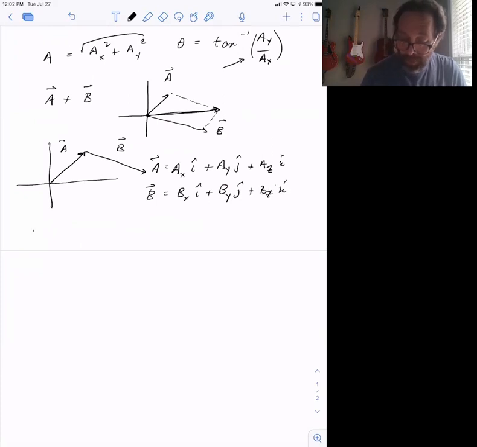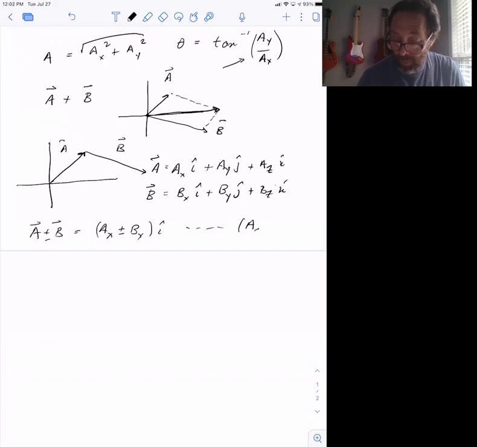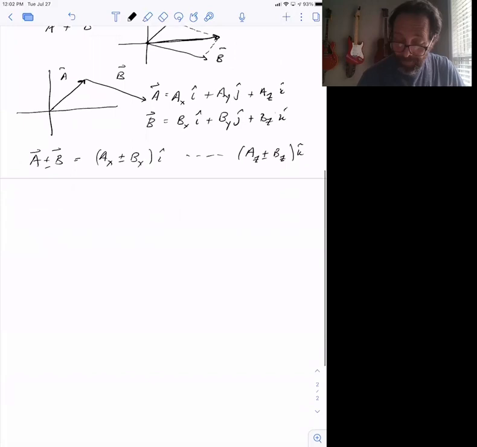And we know vector addition and subtraction is very simple. We do it component by component. All the way here, component by component. And once we're at this stage, if we want the magnitude, we go back to our fundamental definition, use the Pythagorean theorem.